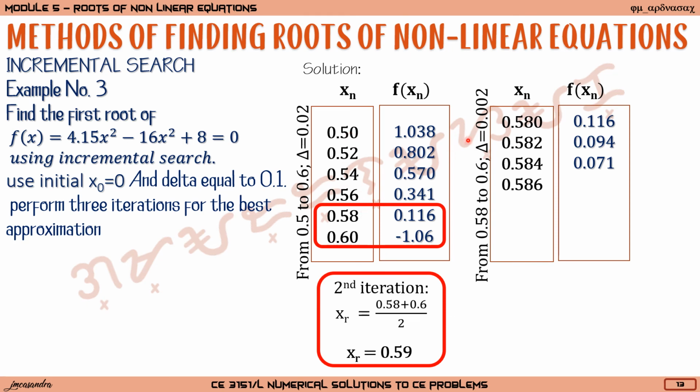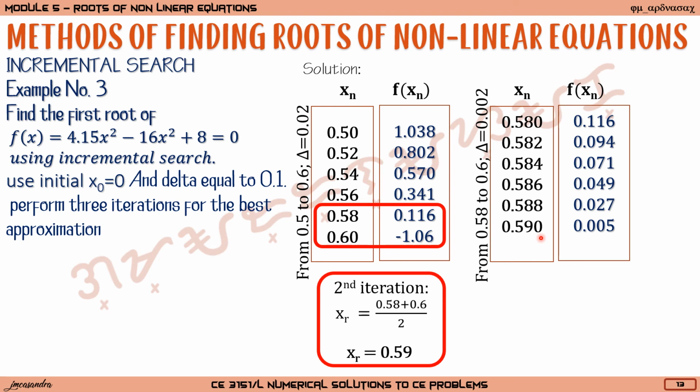So substituting all these values of our x, we now arrive for 0.58, we get 0.116. For 0.582, we get 0.094. 0.584 will give us 0.071. 0.586 will give us 0.049. 0.588 will give us 0.027. Then we have 0.590 is 0.005.